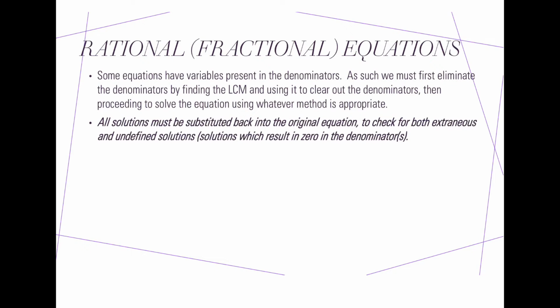The last types of equations we're going to look at is rational, which is a term that we use to classify anything that could be written in a fractional form or could be expressed as a fraction. Whole numbers can be expressed as a fraction. 3 over 1 is a fraction. The decimal 0.5 could be expressed as a fraction, 1/2.